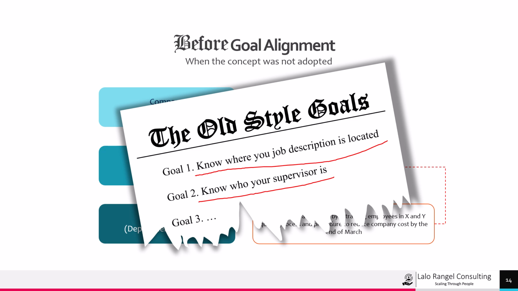And again, sometimes companies may have the performance management process in place, which is good. At least they have something in place. But I think they can enhance it if they implement this concept, goal alignment.